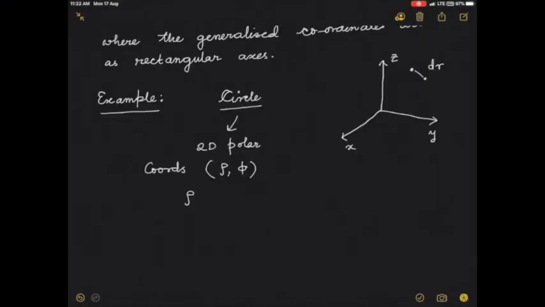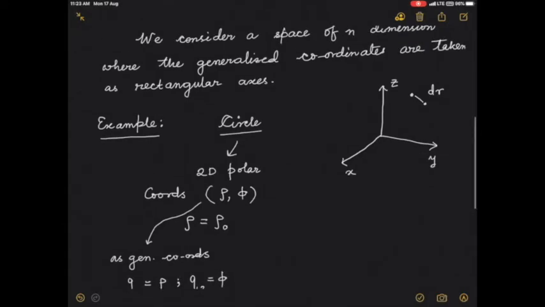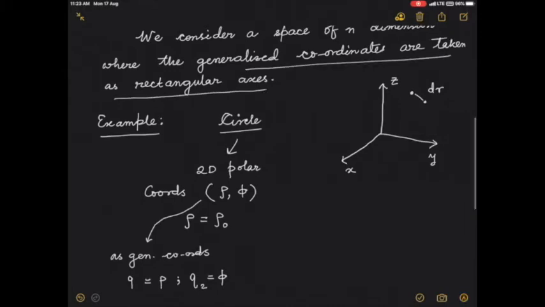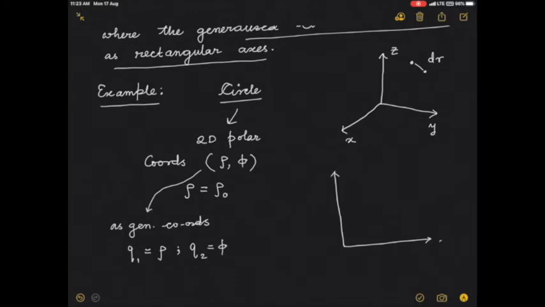A circle is the case where rho is constant. If I now choose these as my generalized coordinates, then to avoid confusion, let me give them names. I call q1 as rho and q2 as phi. And what am I supposed to do? Using the prescription given here, the generalized coordinates are taken as rectangular axes of the configuration space.